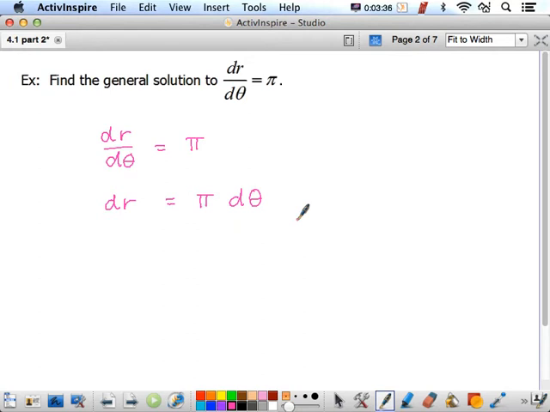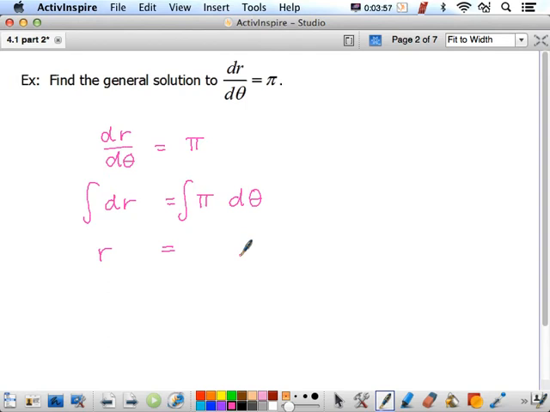Now we want to undo the derivative and bring it back to the original, so we integrate both sides. The integral of dr would just be r plus c, but we've learned that we're going to save all of our constants for that final step on the right and combine them into one.